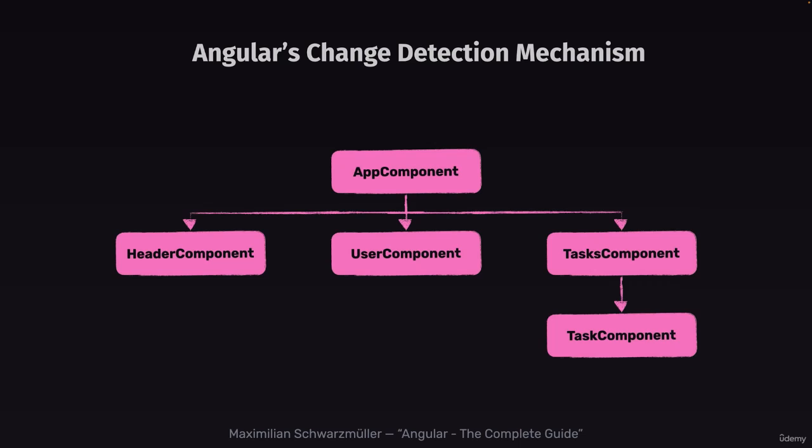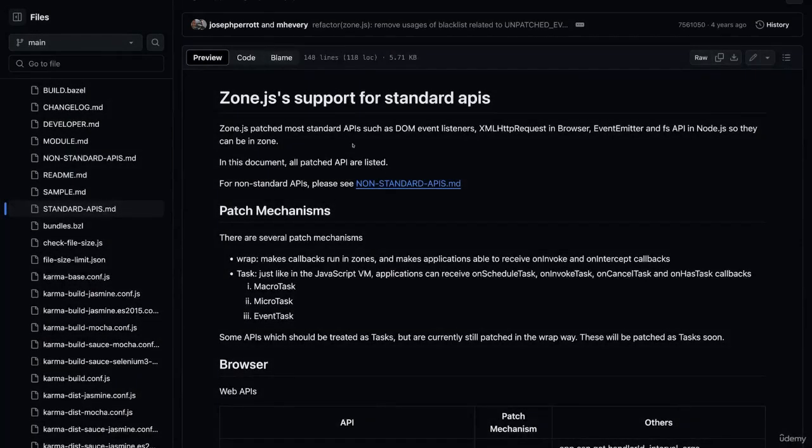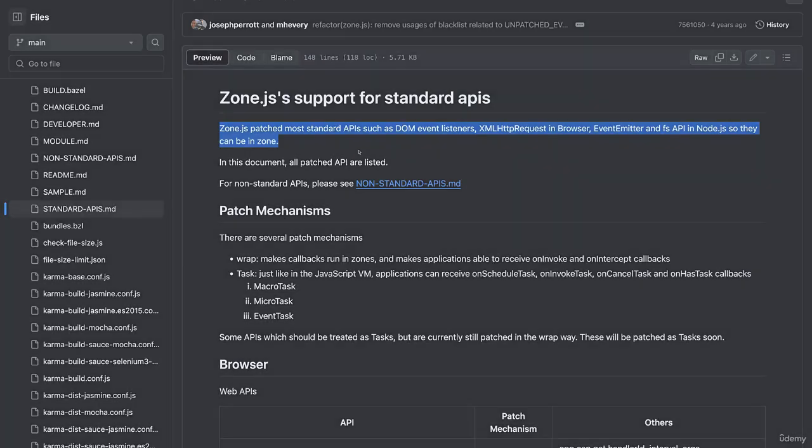In the end, it wraps your entire application with a so-called zone, which is a feature that's provided by Zone.js, an extra library that's maintained by the Angular team and that's heavily used by Angular, since it's that Zone.js library and that zone wrapper that informs Angular about potential events that are going on the page that could potentially lead to changes that should be reflected on the screen.